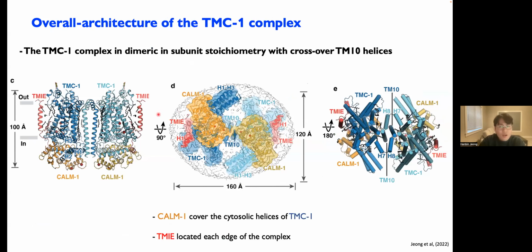So this is the overall architecture of the TMC1 complex. And as you can see, it is a dimeric form, and it has a 2-fold axis of rotation at the center of the 2 TMC1 subunits. And CIB2 covers the cytosolic helices of TMC1, and TMIE proteins are located at each edge of the complex, on the peripheral side.